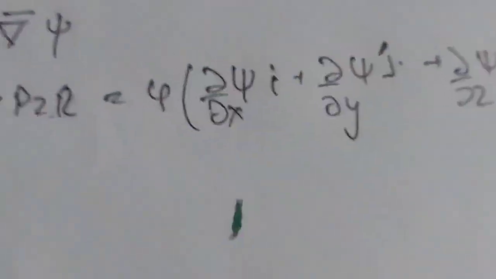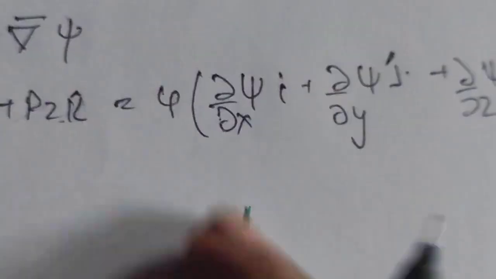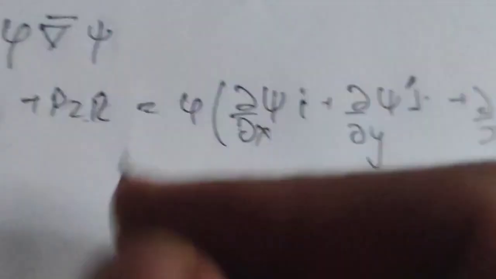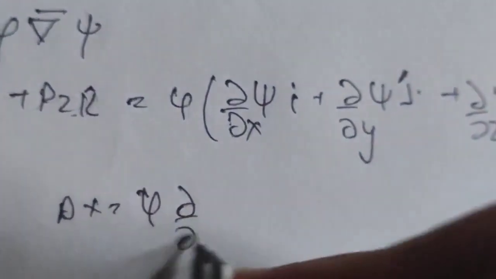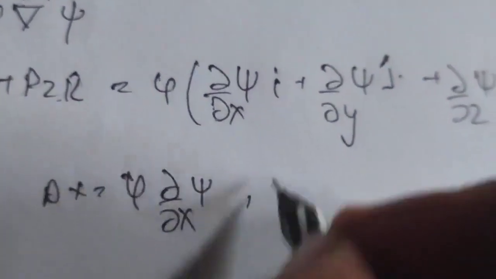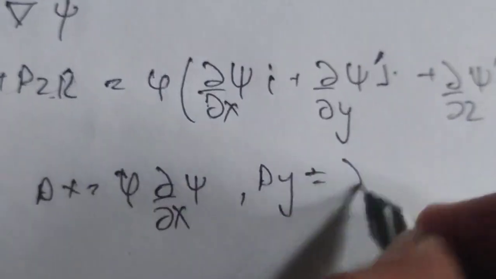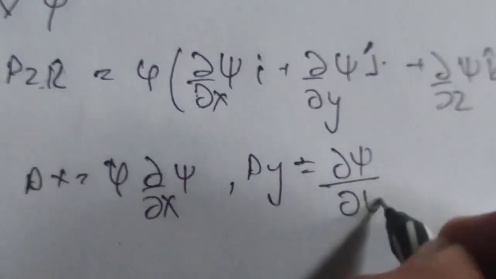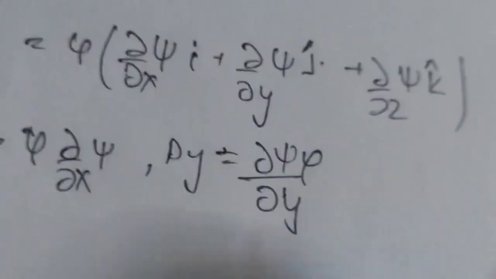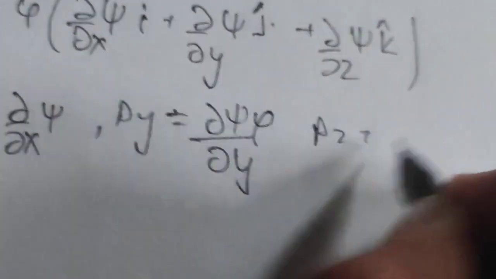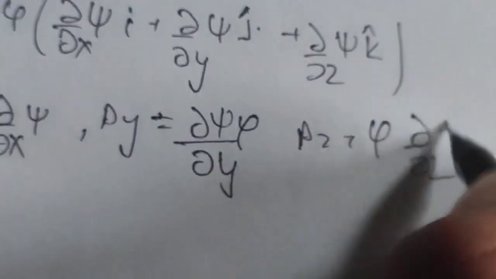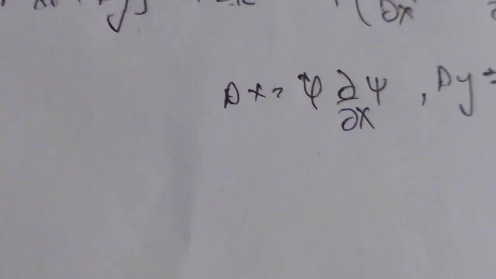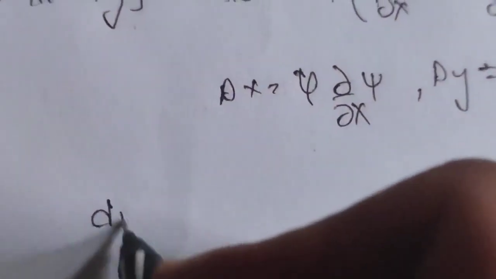Let's say it simply once again: for A x it becomes phi del psi by del x, for A y it becomes phi del psi by del y, and for A z it becomes phi del psi by del z.